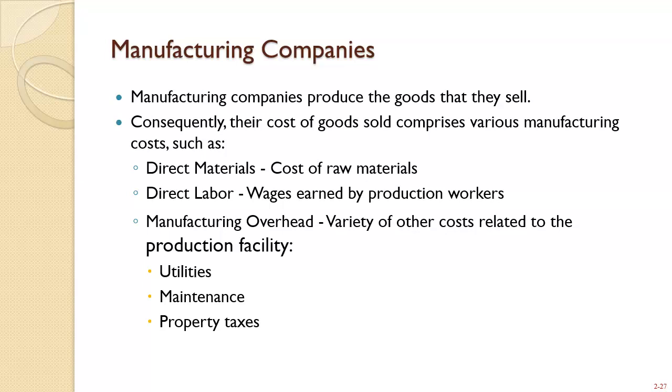The people that work at the corporate office and the overhead you have for utility, maintenance, taxes at the corporate office, that's not included in your manufacturing overhead. It's only the actual building and facilities and assets that's used to manufacture that inventory.